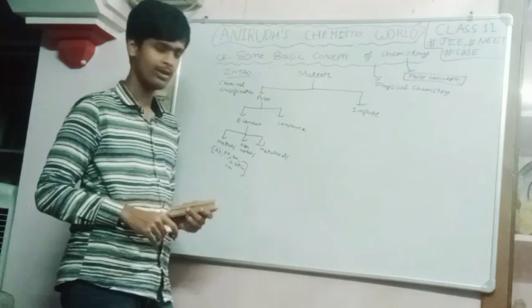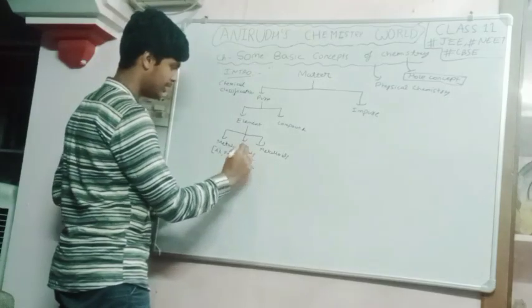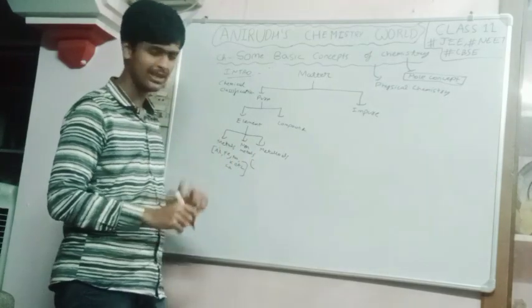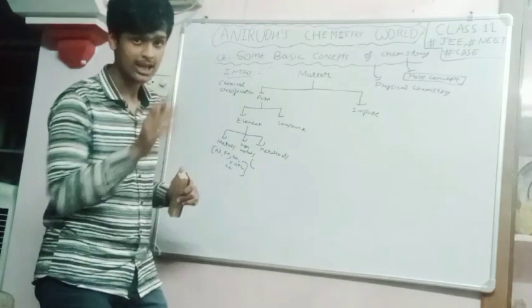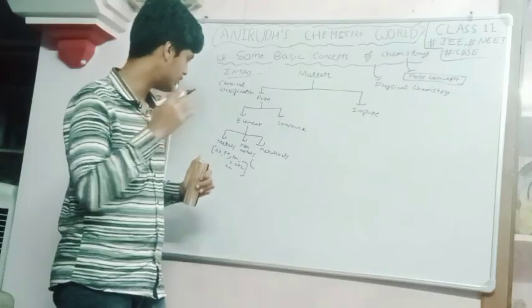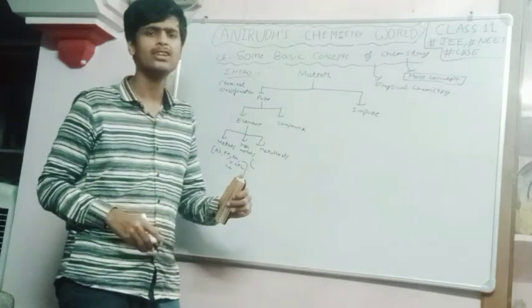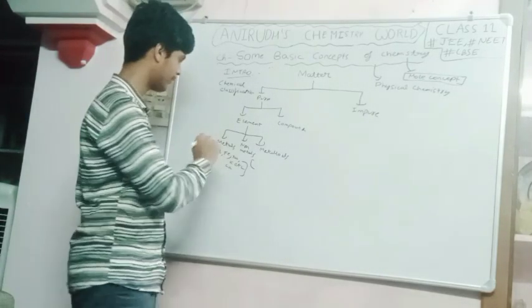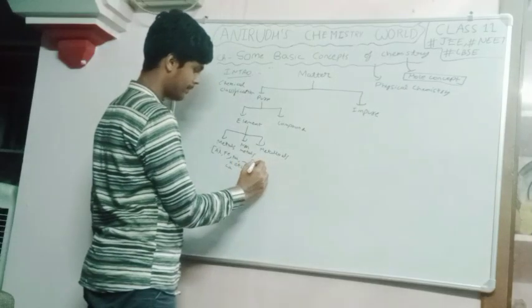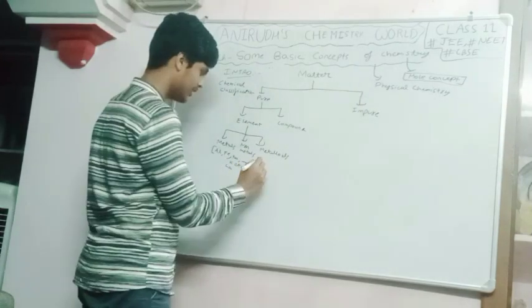All these metals are either S block elements or D block elements, and some of the P block elements. Now non-metals, you might know these: oxygen, nitrogen, chlorine, fluorine, bromine. These are all non-metals.